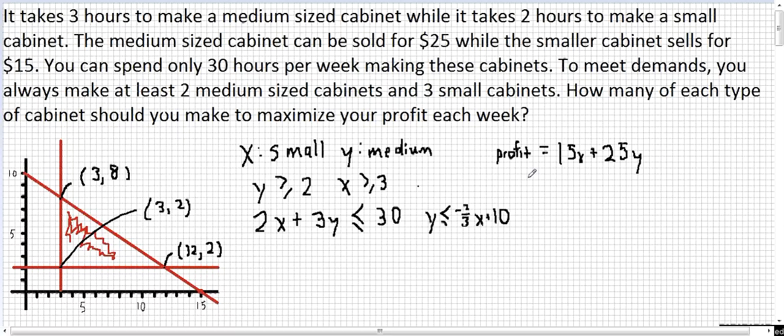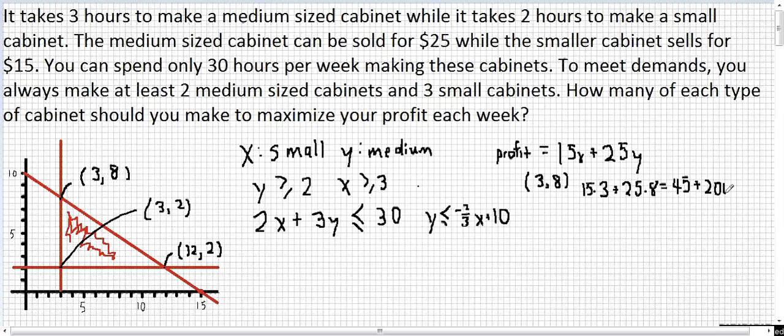So let's start with the point, say 3, 8. If we plug in 3 for x and 8 for y, we get 15 multiplied by 3 plus 25 multiplied by 8. 15 times 3 is equal to 45, and 25 times 8 is equal to 200.